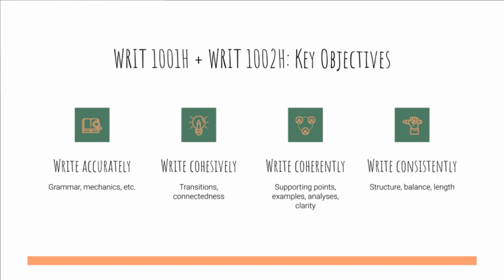Just quickly, mechanics have nothing to do with cars or auto, anything. Mechanics with writing has to do with your spacing, your spelling, your punctuation, your capitalization, for example. So overall accuracy. And while we talk about accuracy, I'd like to also talk about why we have these rules in the first place.